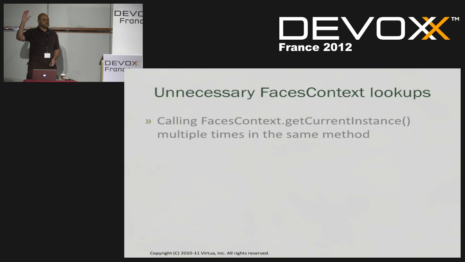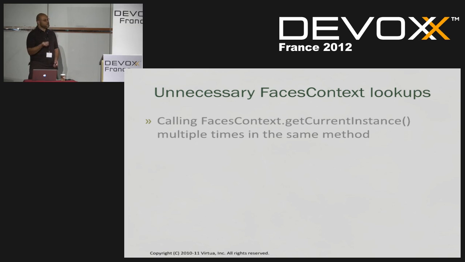Okay. Well, first of all, for those of you who aren't familiar, FacesContext is a very handy object that gives you access to all the JSF objects, essentially. So if you ever need a reference to it and you don't have it, you can call FacesContext.getCurrentInstance and get a reference to the object.